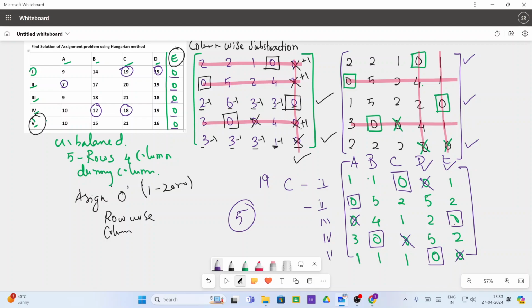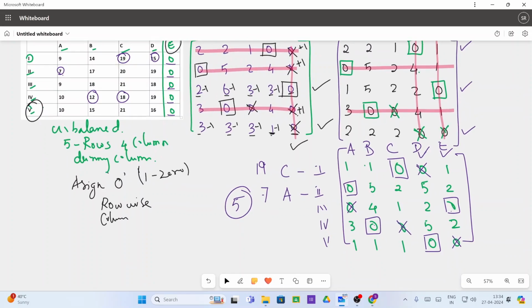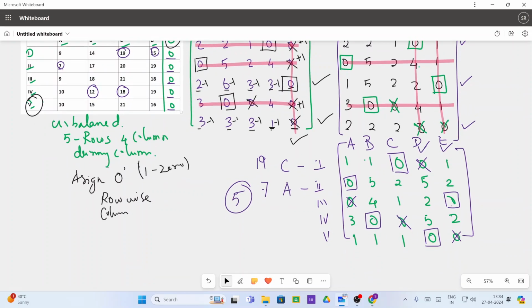And 2 is assigned to A, and the cost is 7. Next, 3 is assigned to E. E is the dummy, so the cost is going to be 0.